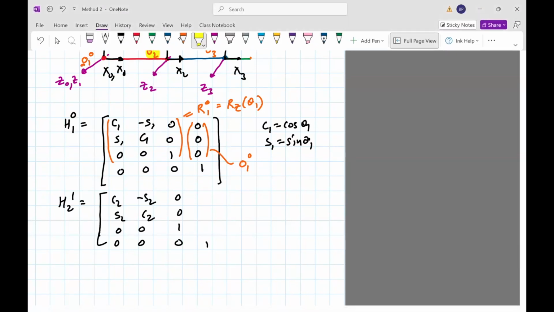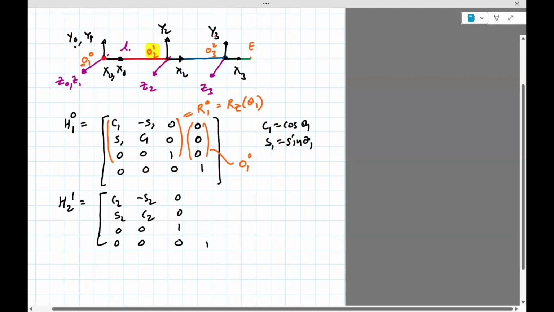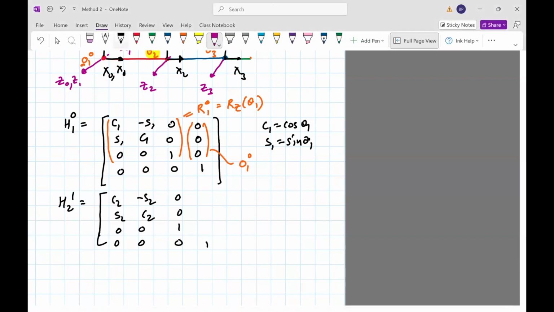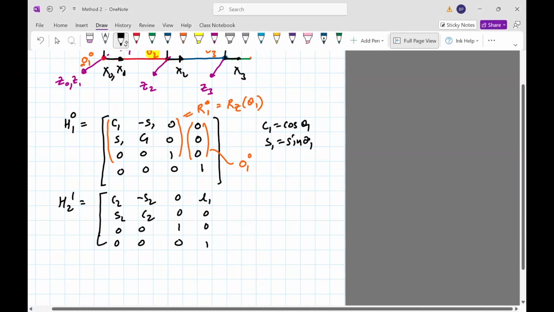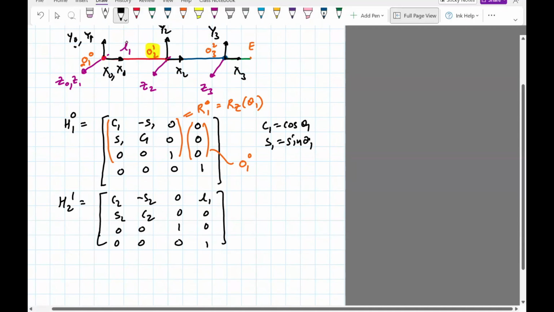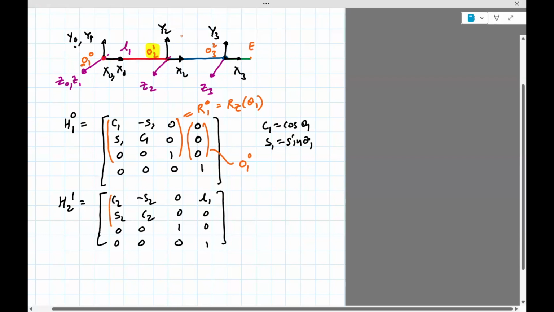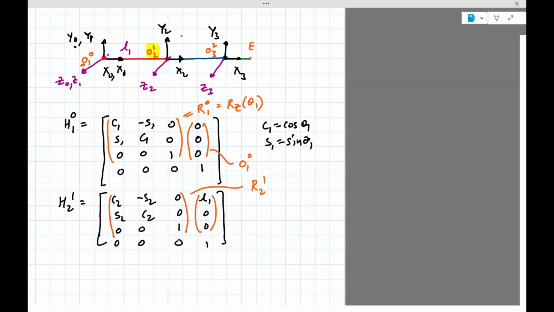And what I'll do is I've used L1 to be the distance from this point to that point. So that's going to be simply L1, 0, 1, 0, 0. So this piece is R21. This piece is O21.